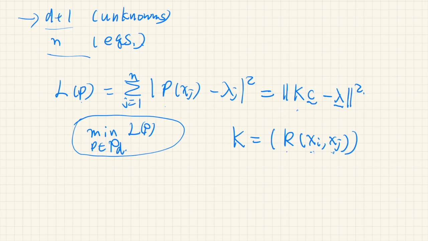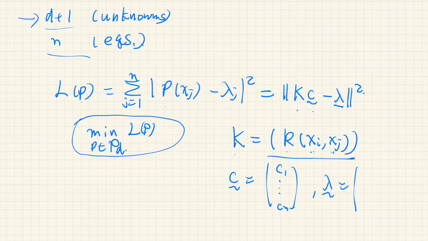So the ij element of this matrix is this. And C is a set of coefficients C1 to Cn, so it's an n-dimensional vector. And lambda is the vector of lambdas, which is also given data. So here we are assuming this p of x is a polynomial function. For that, what kind of kernel function should be given?